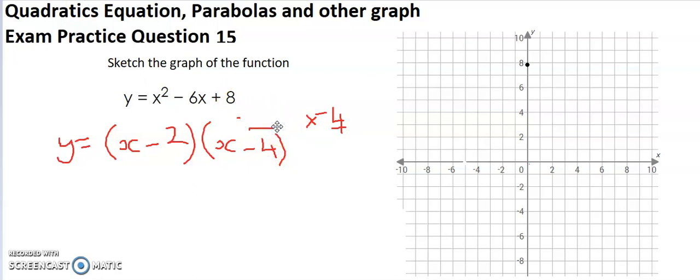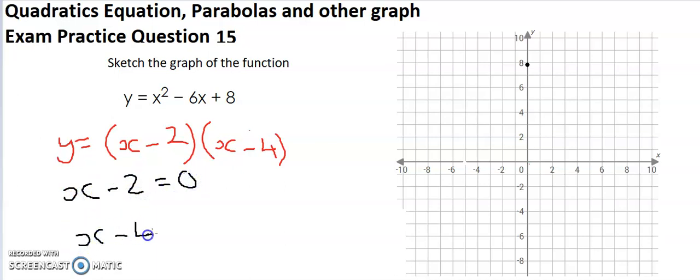Now, based on what we've just done, we can go the next step further. For our x-intercepts, we need y to be 0. So that means each bracket must equal 0. That means x - 2 must equal 0, and x - 4 must equal 0.